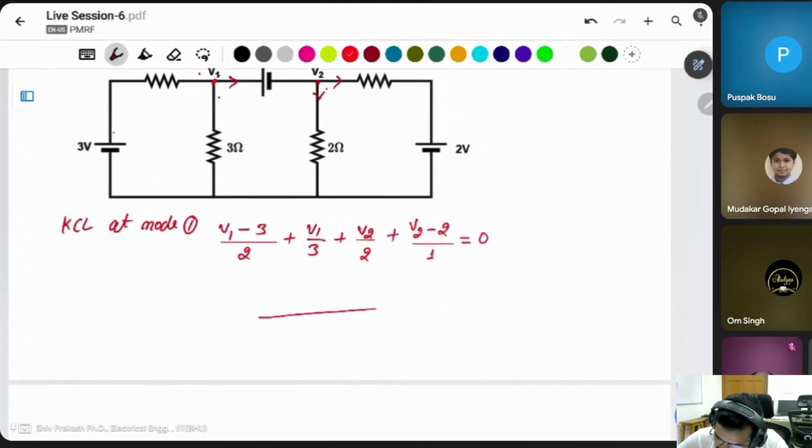Okay, take the LCM, which is 6, and multiply the terms. 3V1 minus 9 plus 2V1 plus 6V2, sorry 3V2, this is 6V2 minus 12 is equal to 0.